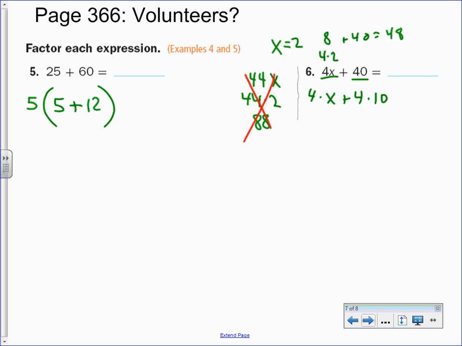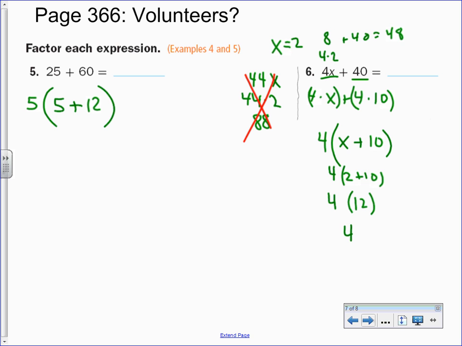So if we add those together, we should get it, but we can rewrite that even more easily as 4 times (x plus 10). All right, will it work? Let's plug in x. 2 plus 10 in parentheses means 12. What's 4 times 12? 48. Sure, it works. Might be a lot easier that way. Number 6 is the best example so far of why would you ever want to do this.